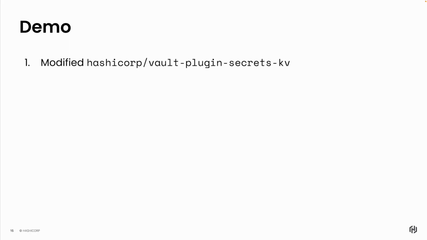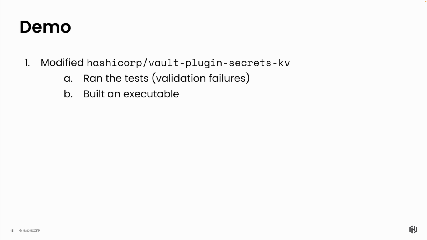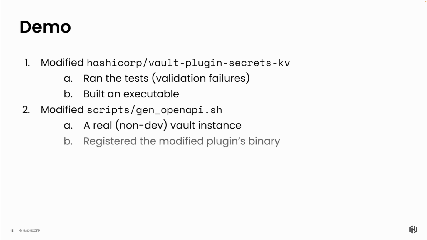And just to summarize what we did in this demo, we modified the Vault plugin secret KV plugin, ran the test to discover the validation failures, built it, then modified our OpenAPI script to start a real non-dev Vault instance.